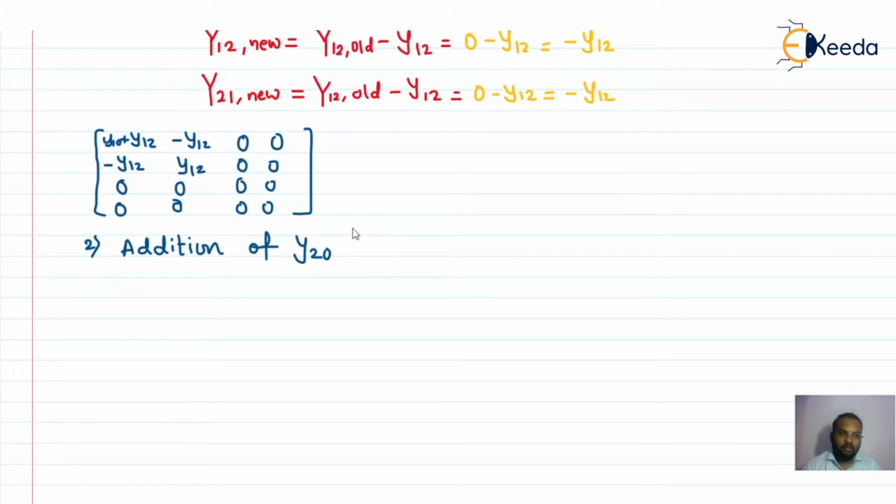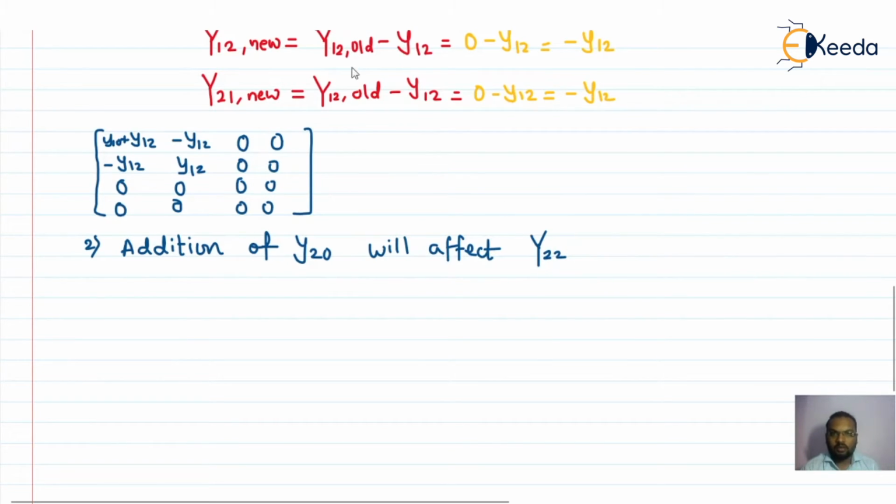This element, which has an admittance y20, is being added between bus 2 and the ground. So of course it will affect y22 only. How will it affect?